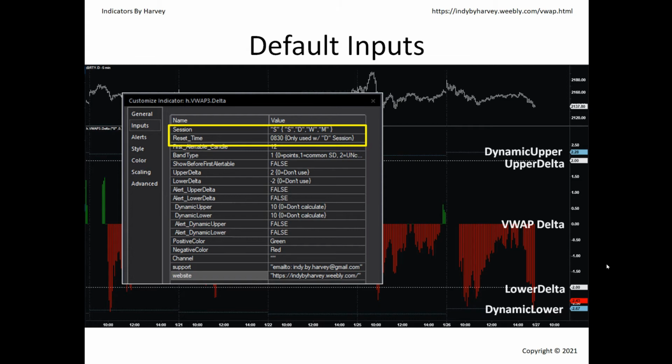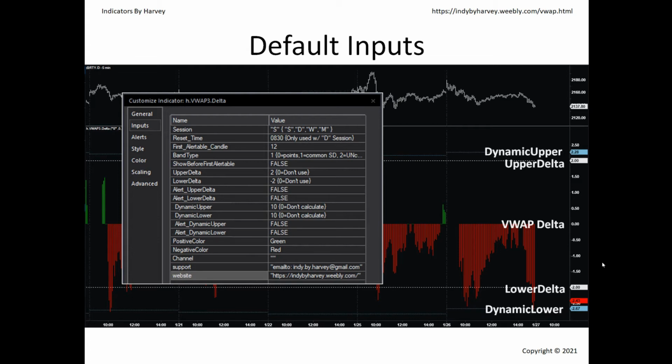As I said earlier, you have a choice of 5 different options for when VWAP is reset, either on every intraday session boundary, at a specific time of a trading day, at the beginning of a week, or the beginning of the month. As with VWAP3, you have the ability to control when alerts are first generated.